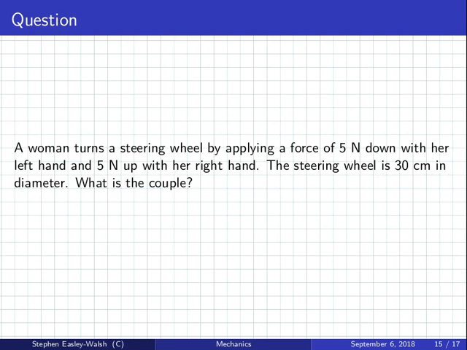You can tell me what it is. Got that? What's the answer?